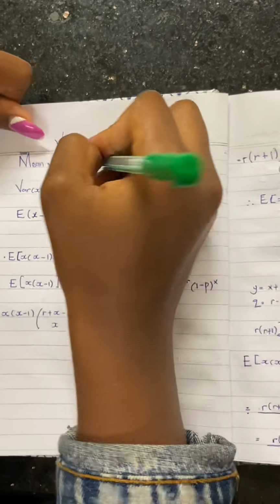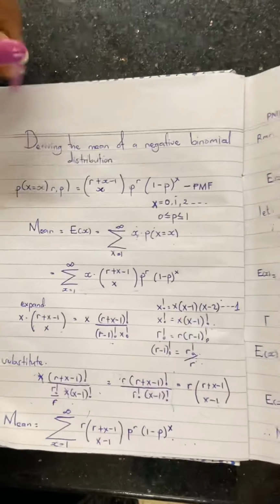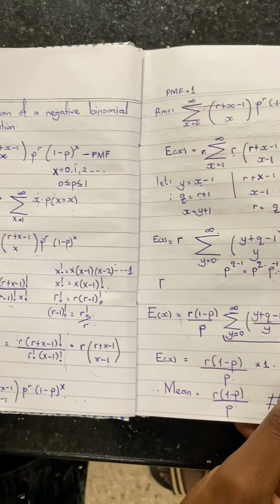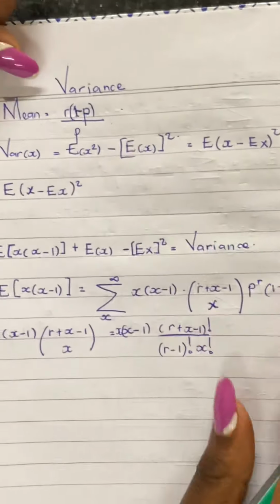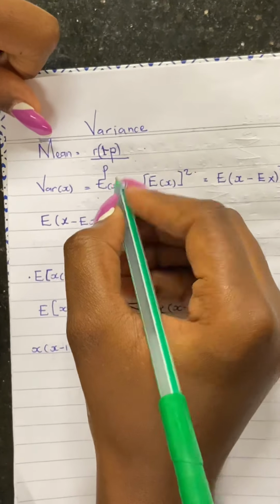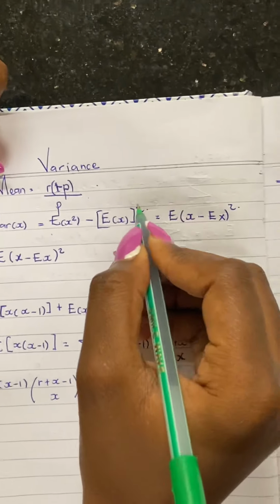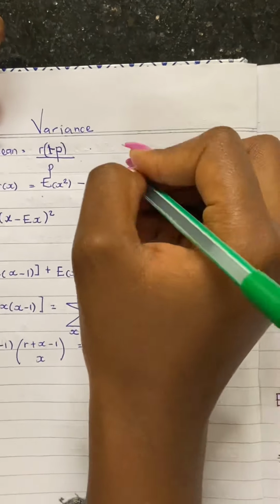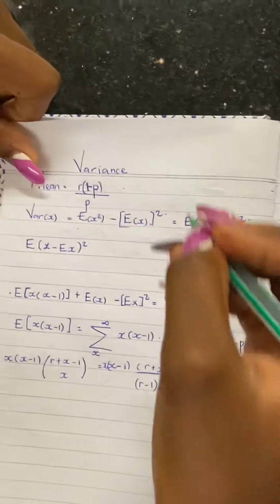Considering we derived our formula for the mean, during this step we're going to consider that it's correct. We know our formula for variance is the expectation of x squared minus the expectation of x, all squared.